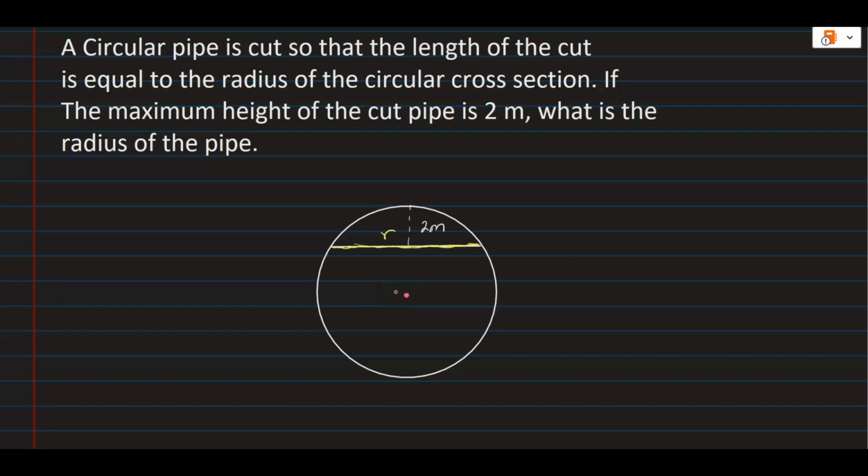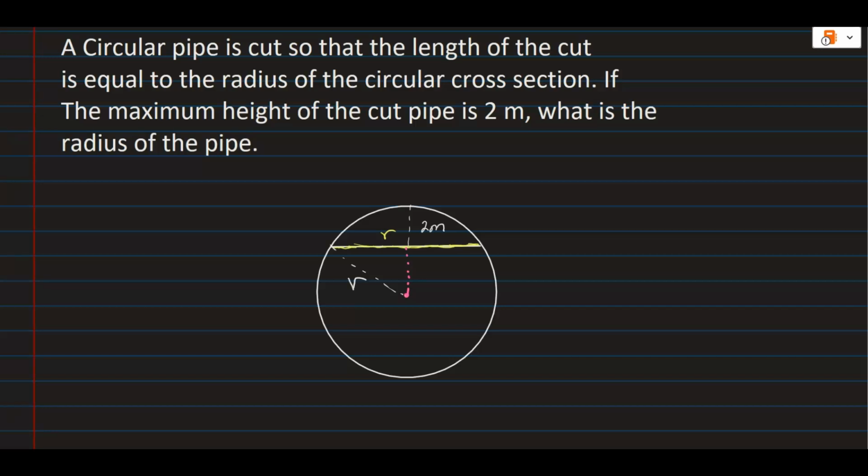So what we're going to do is draw the radius. So we're going to go straight up and hit the cross section cut. And also we know that this length, the radius, is also from the center. So we know that this is our radius.